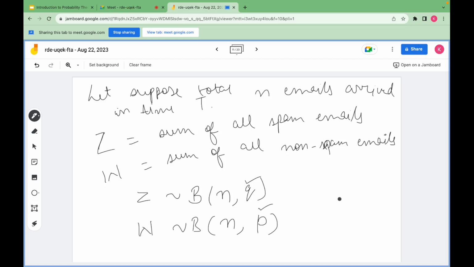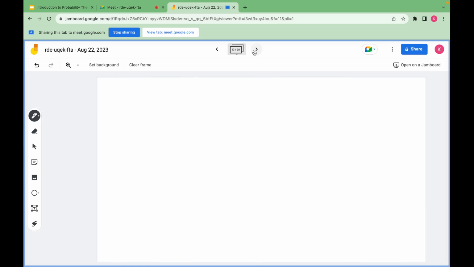So now we will find the probability of Z given some value n. We will find the probability of Z for some value k.